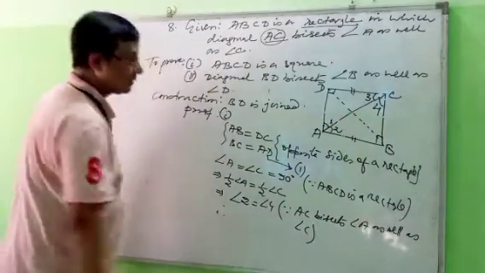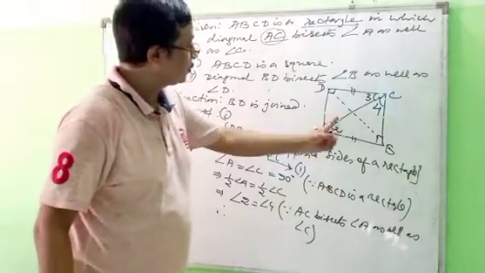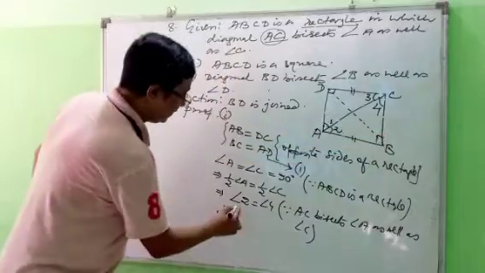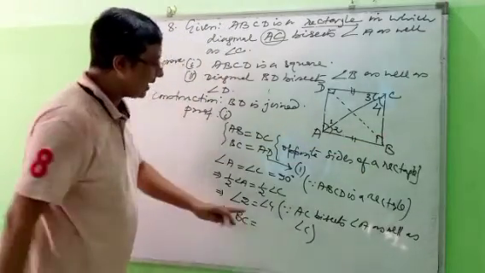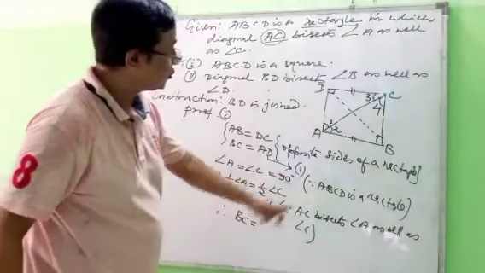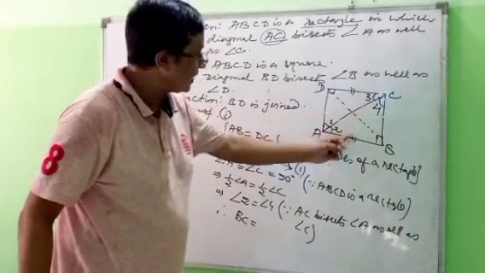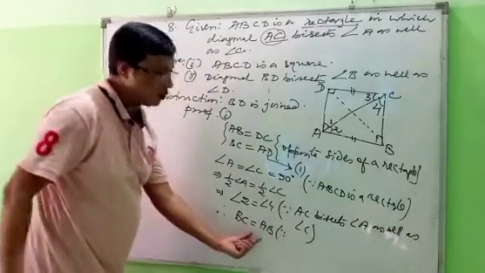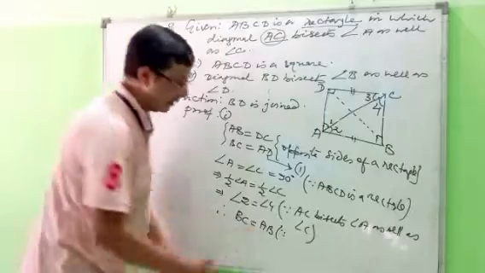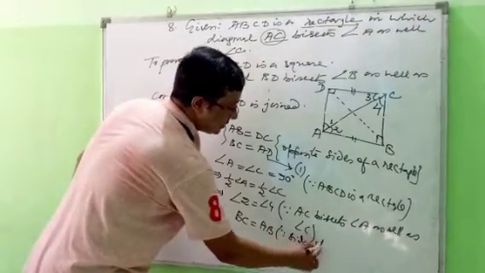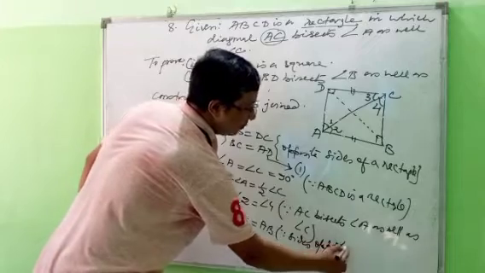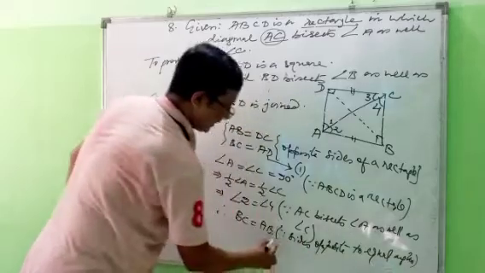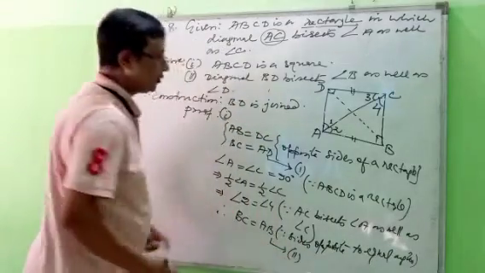The side opposite to angle 2 is BC, and the side opposite to angle 4 is AB. So the sides opposite to equal angles are equal. Let us take this as equation number 2.